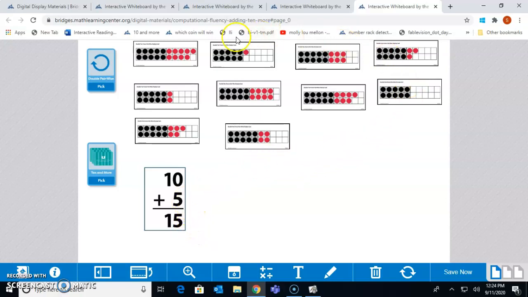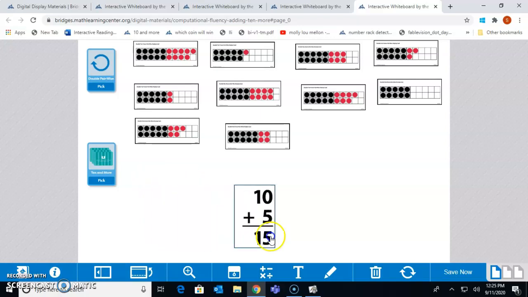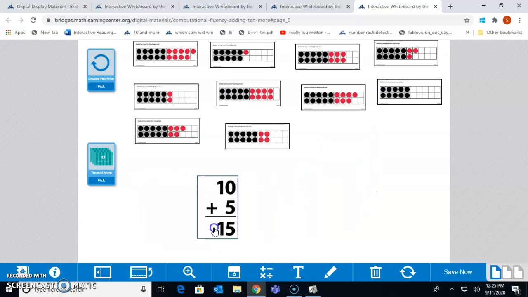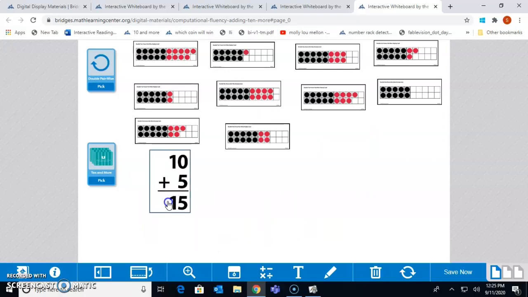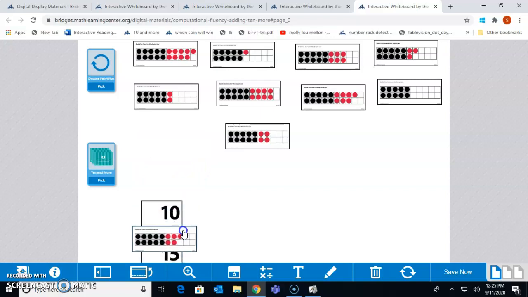Which of these show 10 and 5? Oh, nice. Did you find it? Where is it? Oh, right here. Did you notice that there's 10 and 5 ones? There we go. We have a match. And move it down here.